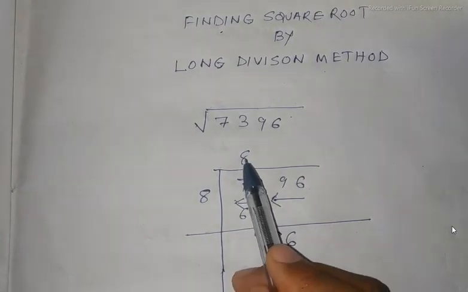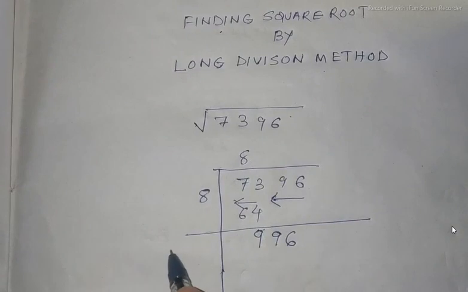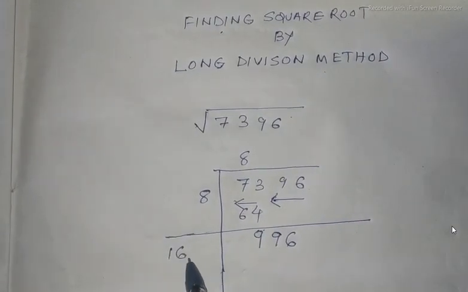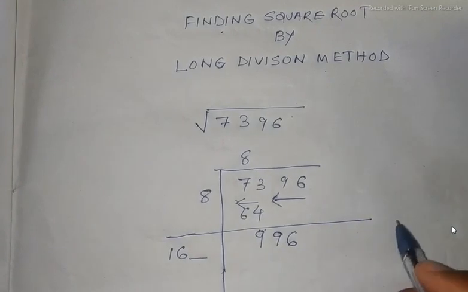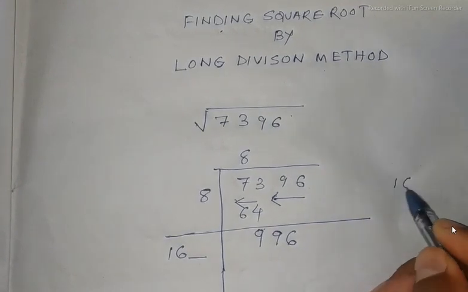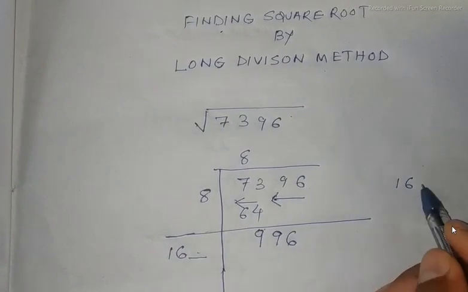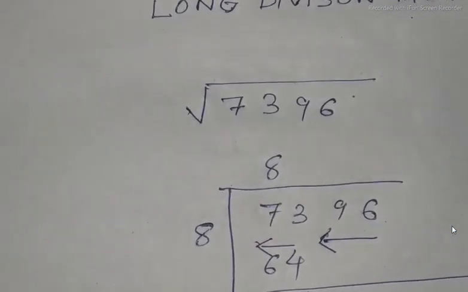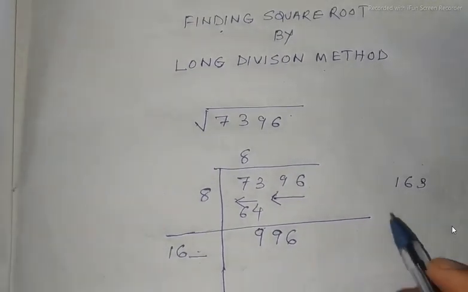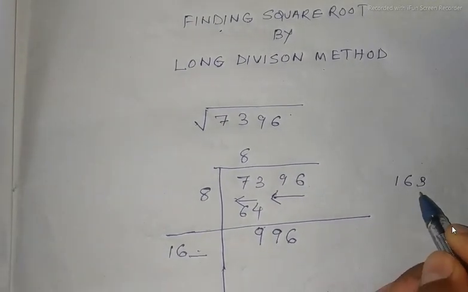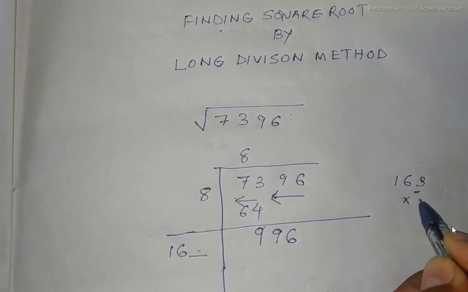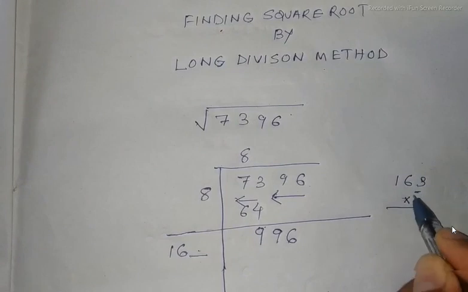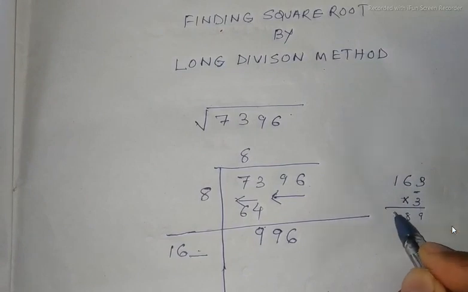In the next step we have to double the quotient. Here the quotient is 8 and the double of 8 is 16. Here we have to think of such a number. Suppose I take this number as 3, then I have to divide 163 by 3 itself. 3 3s are 9, 489.